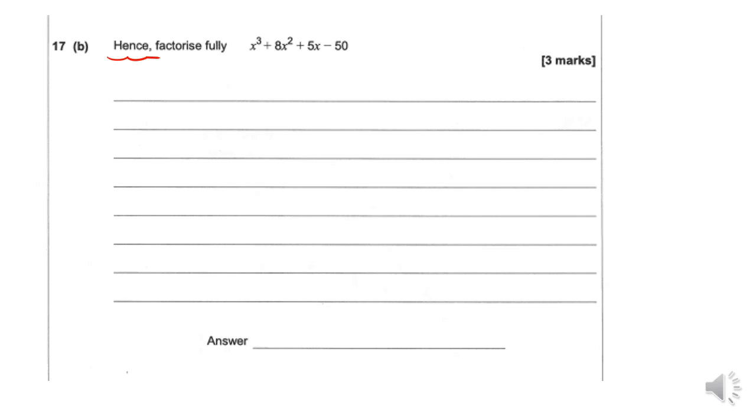So what that means is, if you think about what your expansion would look like, you've got x minus 2 multiplied by something. You know it's going to have to be x squared, because that would give you x cubed. You know it's then going to have to be a number of x's.